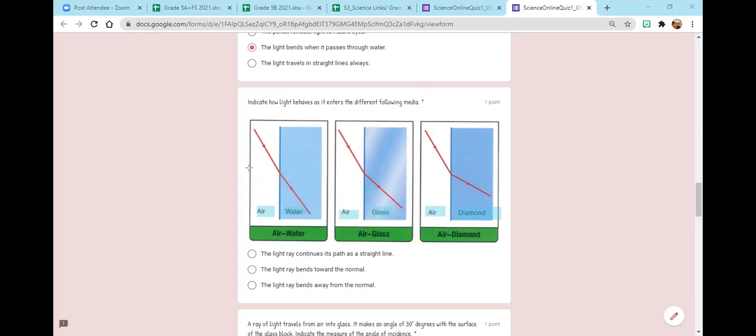That's why we should draw a normal. This is a normal. This is another normal. You should draw the normal so you know how the light rays are moving.